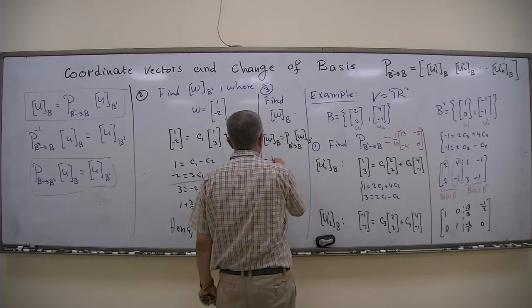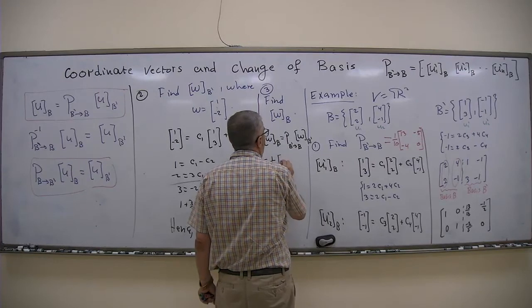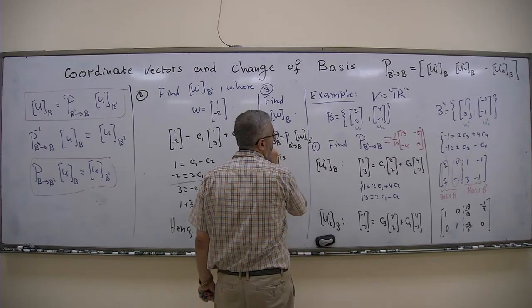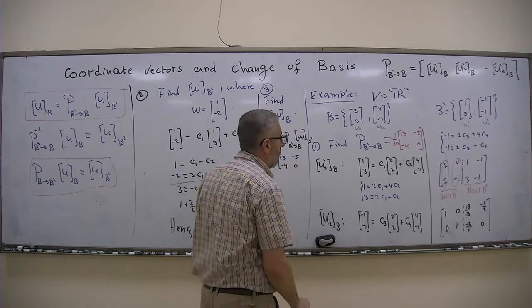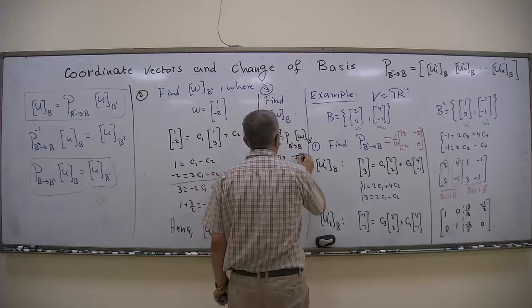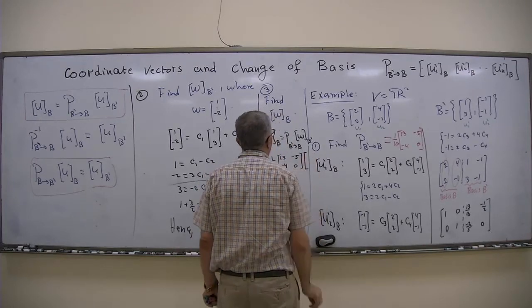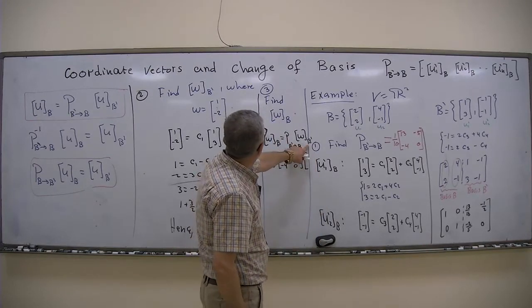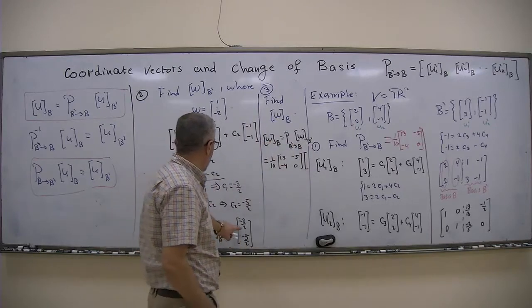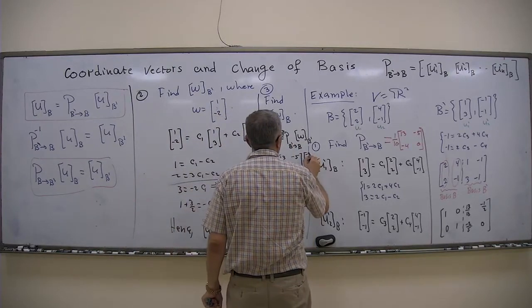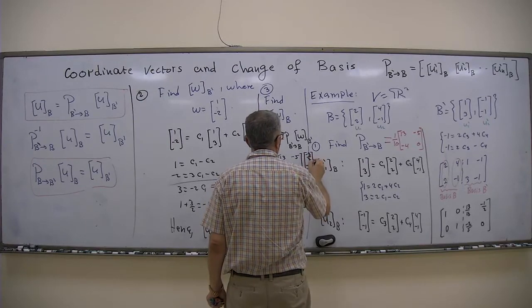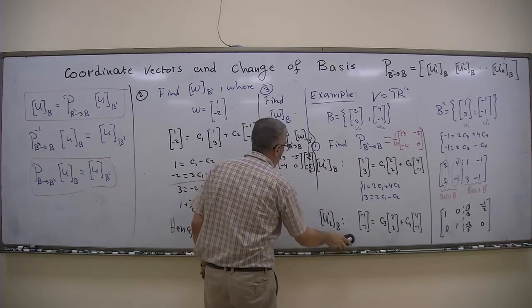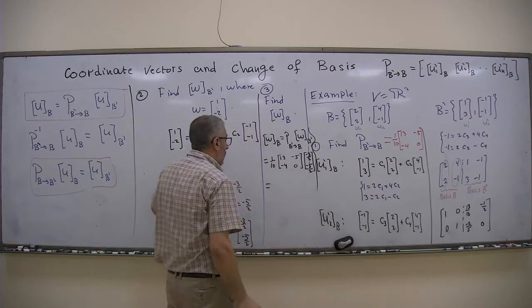So here, 1 over 10, 13, negative 5, negative 4, 0, multiplied by W with respect to B prime. We found it here. It is negative 3 over 2. And here, negative 5 over 2. And when you multiply, what do you get here?